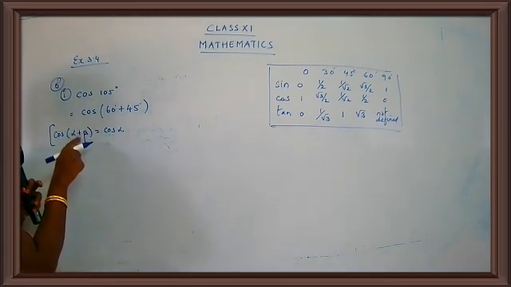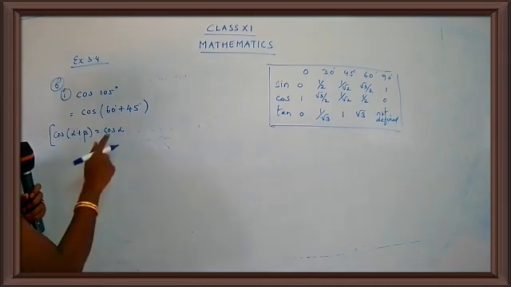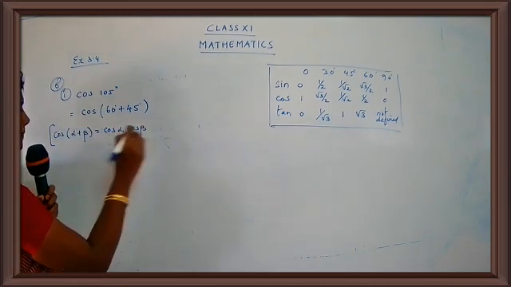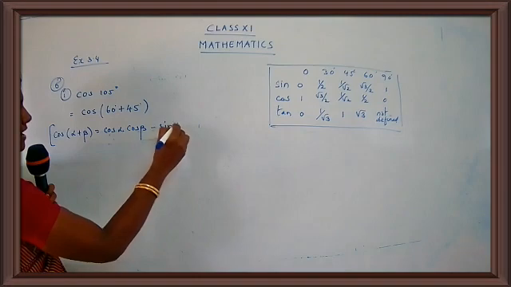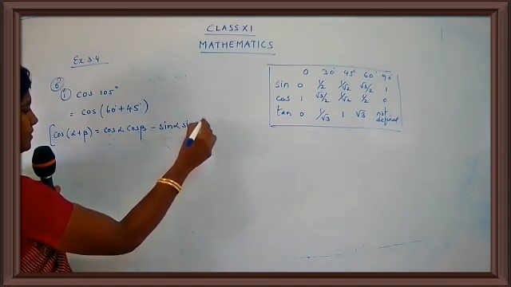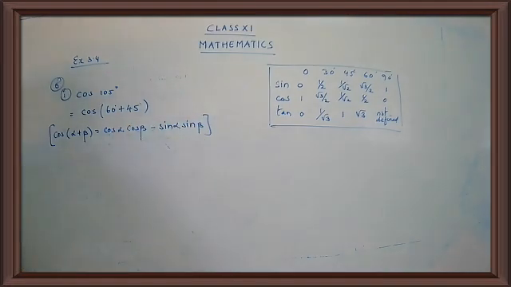Remember, the plus sign will change into minus sign. So cos of alpha plus beta is equal to cos alpha cos beta minus sin alpha sin beta.